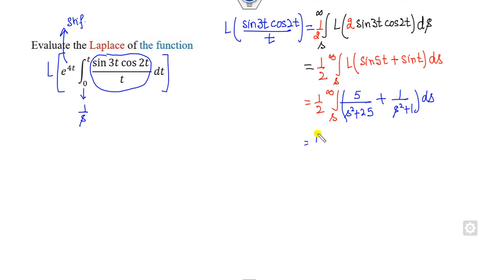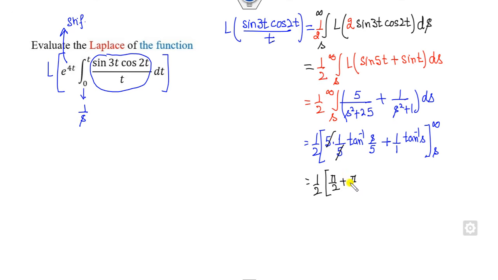So can you find the integration of this? So 5 is outside. Integration of 1 over x square plus a square, so 1 over a tan inverse s over 5, plus 1 over a tan inverse s, from s to infinity. So that 5 will be cancelled out. So it's a half. Tan inverse infinity is pi by 2.